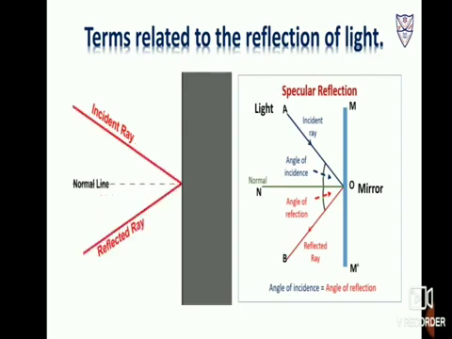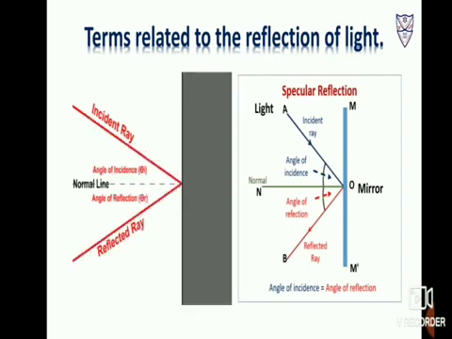Now next is the reflected ray. The ray of light which is sent back after reflection by the mirror is called the reflected ray. Here OB is the reflected ray. The fourth term is normal.